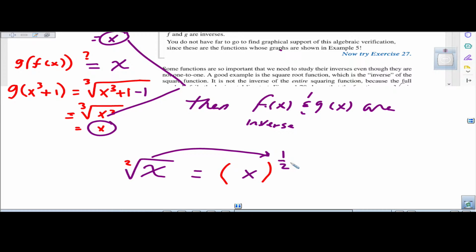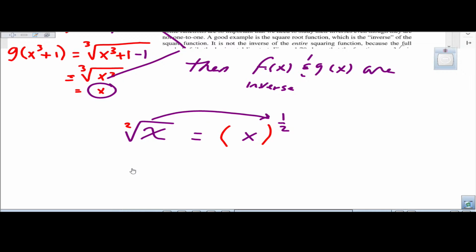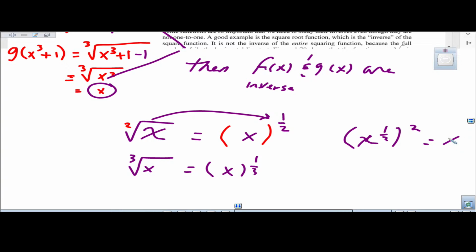The square root is 1/2. The cubic root is 1/3. The 4th root is 1/4. The 5th root is 1/5. And if you raise it to a second power, for example, x to the second power, what you're saying is 1/2 times 2, which is just 1.